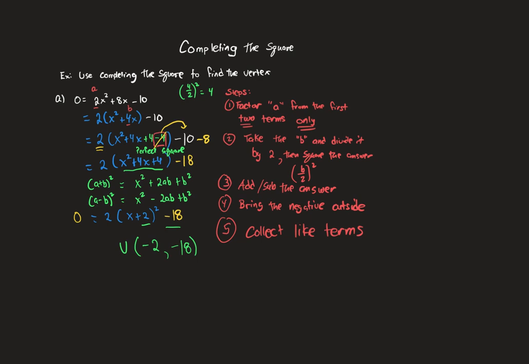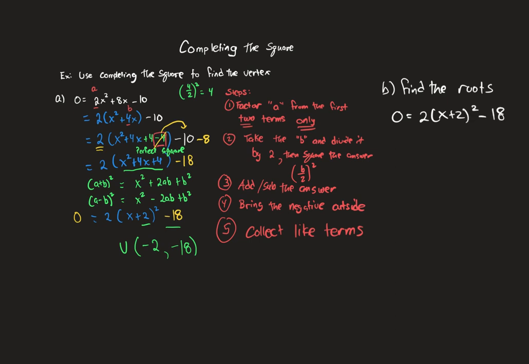Now, how would I then go about and find the roots? To find the roots of the equation, what you would do is solve for your x. So you already have your equation as 0 is equal to 2 times x plus 2 squared minus 18.